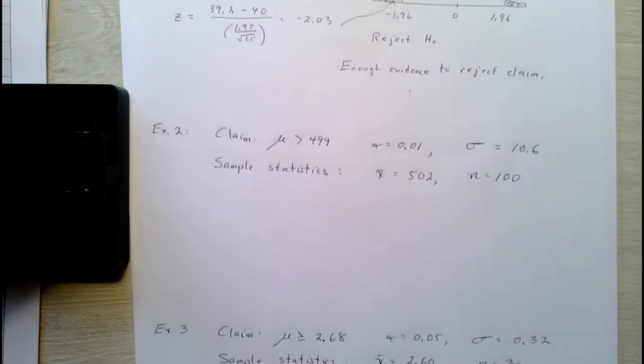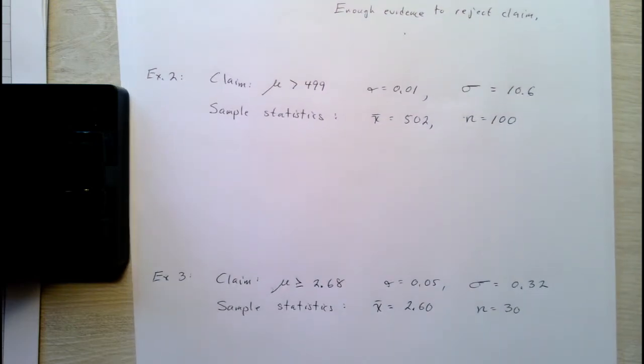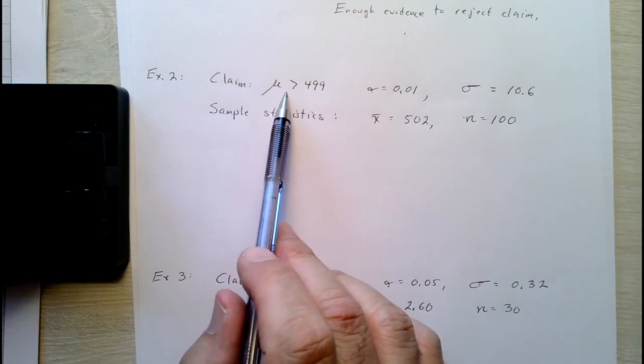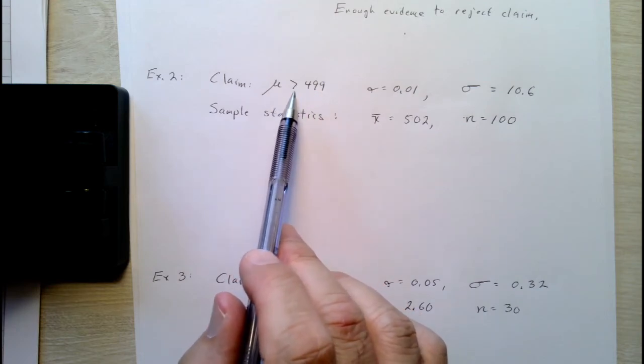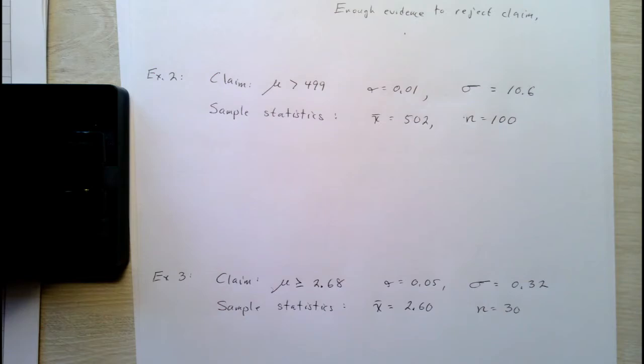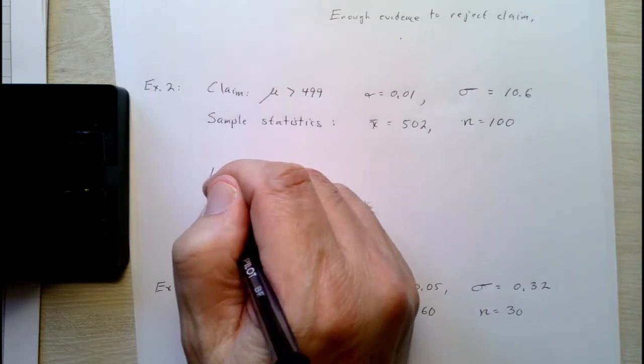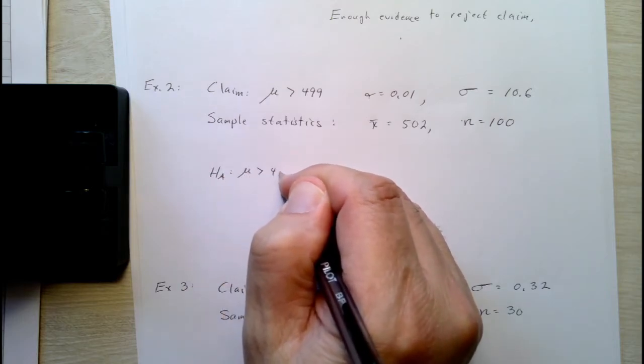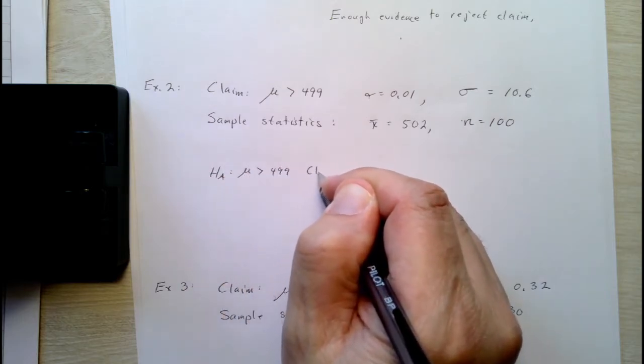Now next, if we look at this example, our claim has mu is greater than 499, so that's strict inequality. So that means our claim has to be the alternative hypothesis. So HA is going to say that mu is greater than 499, and this is our claim.